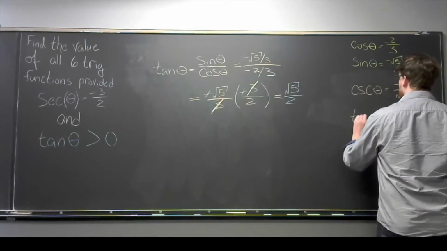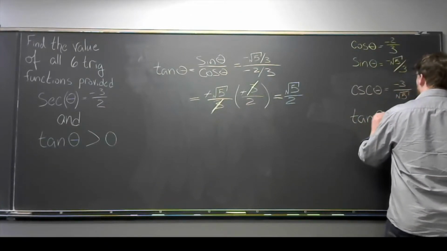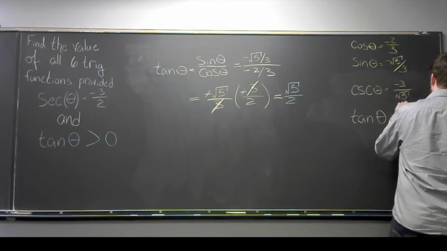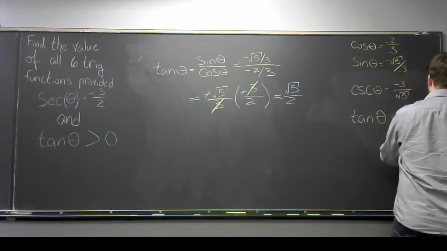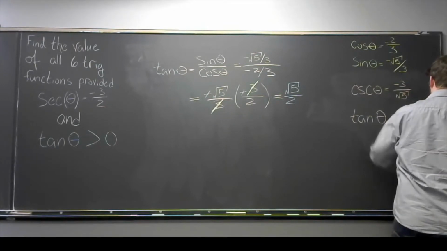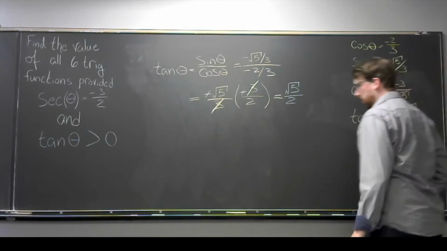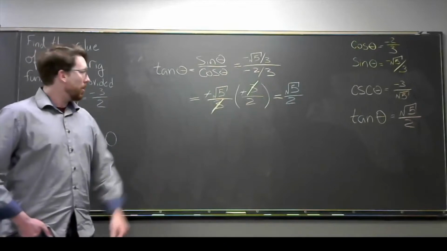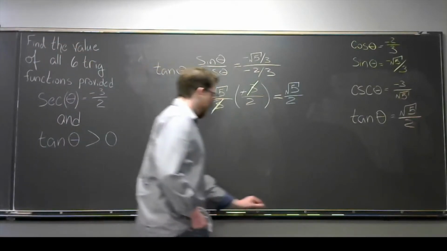So tangent of theta is equal to square root of 5 over 2. And the cotangent is 1 over tangent. So same trick as what we played before.